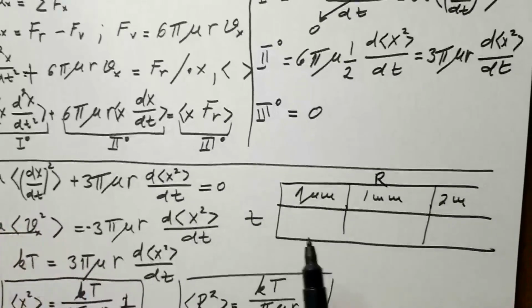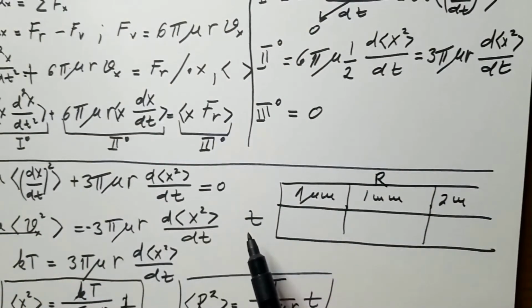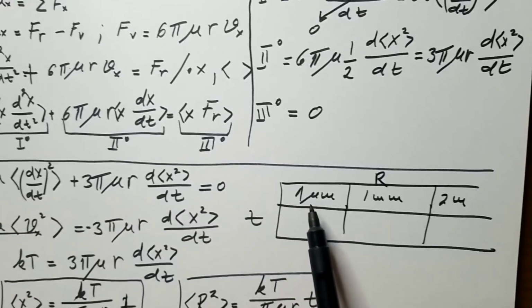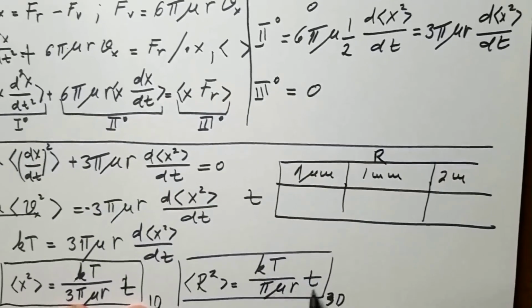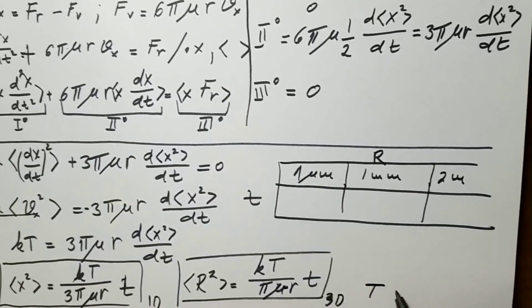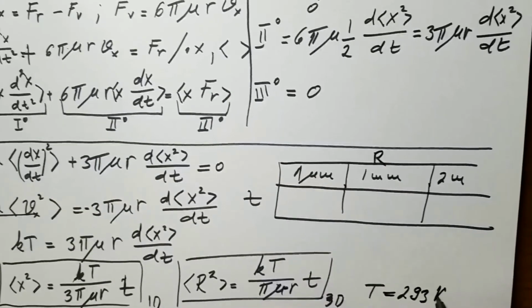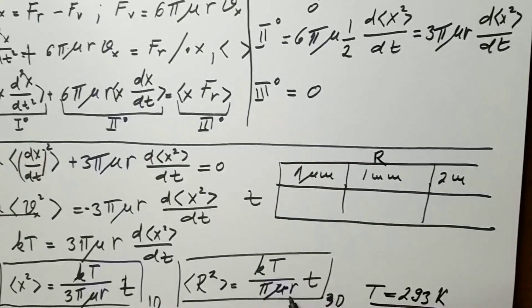So the question is, after what period of time will a COVID-19 particle move over a distance of 1 micrometer? Well, if you solve this equation for t and plug in numbers, and here I use that T is room temperature, 293 kelvins, and these others are constants that I will not write down here to save time.